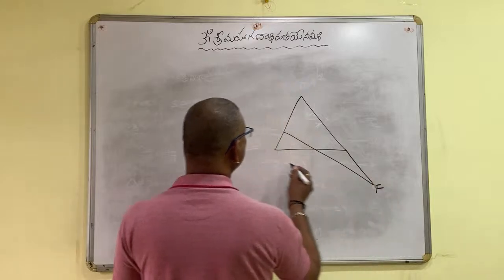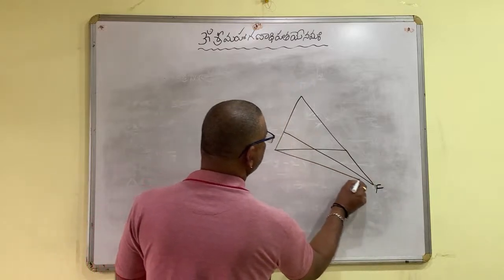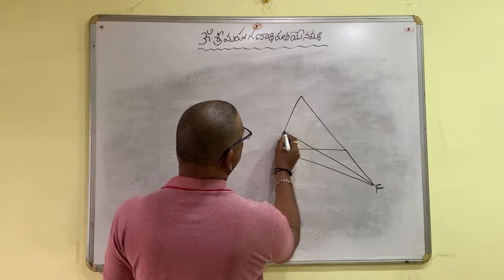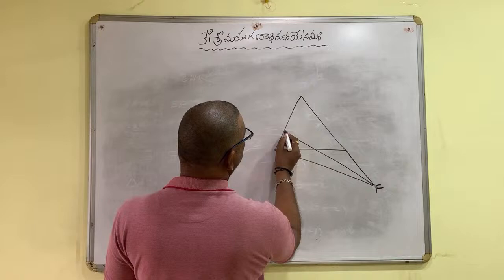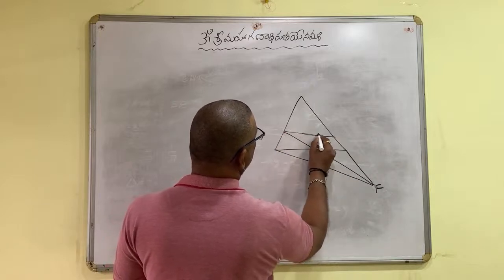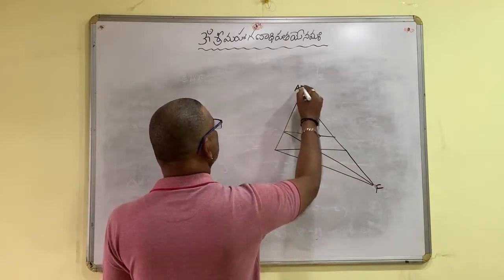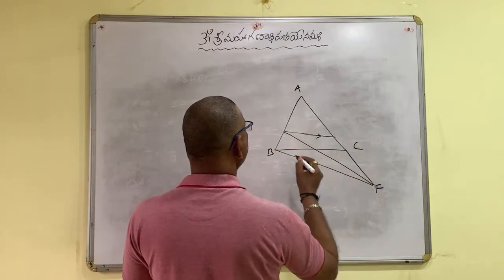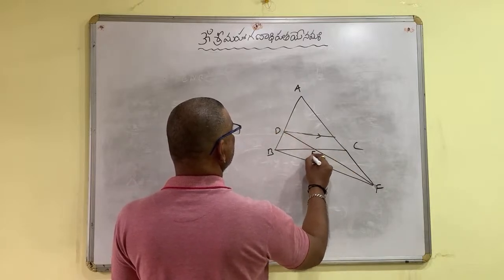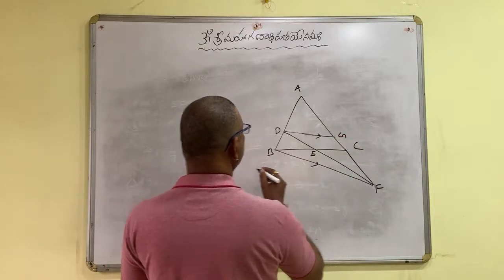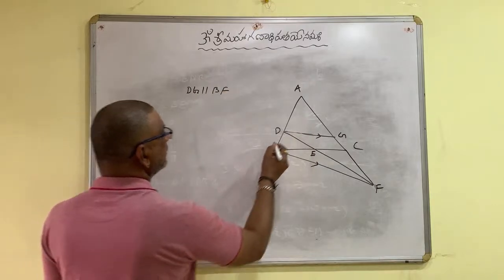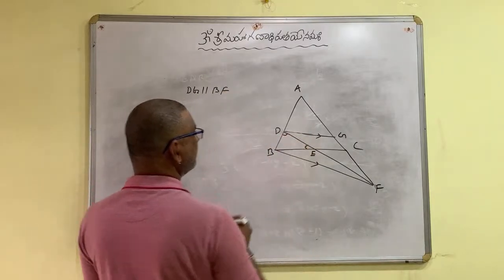This is F. These two are parallel lines, A B C D. This is E. Let it be G. DG is parallel to BF, right? These two angles are equal, given.